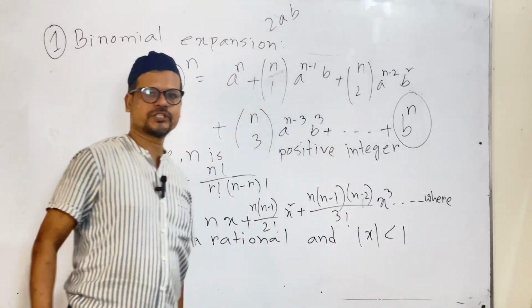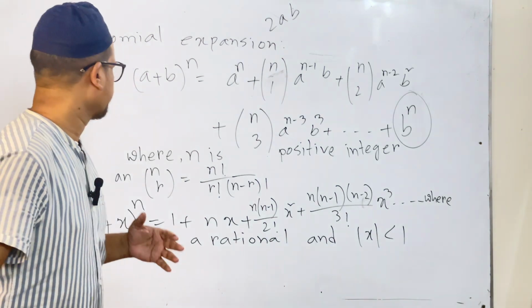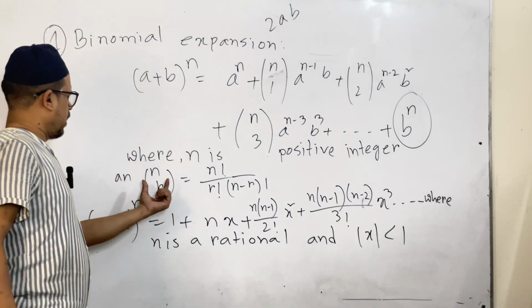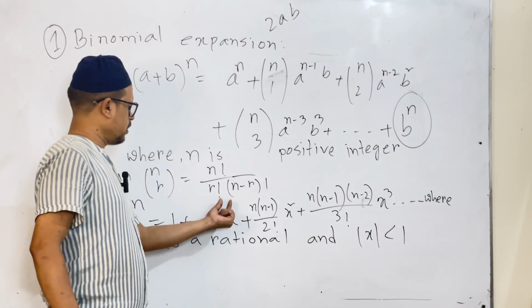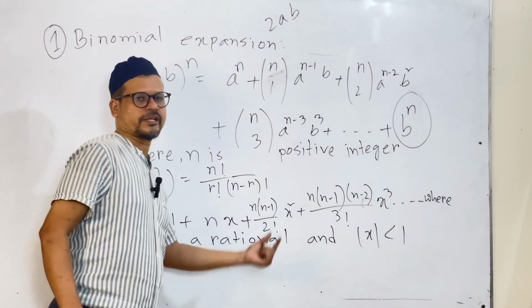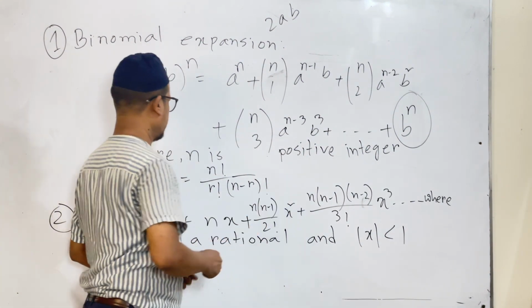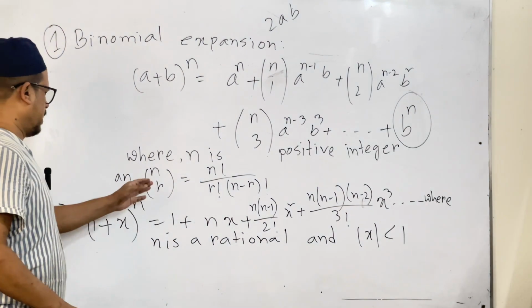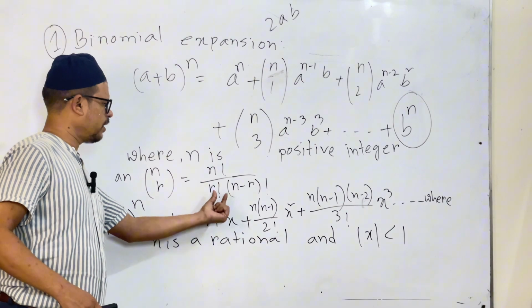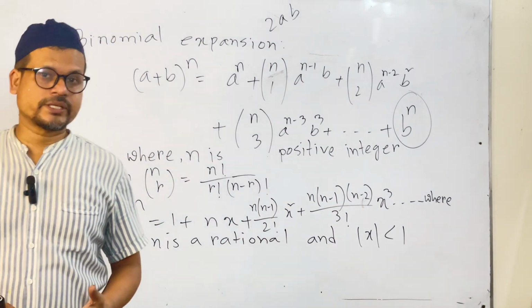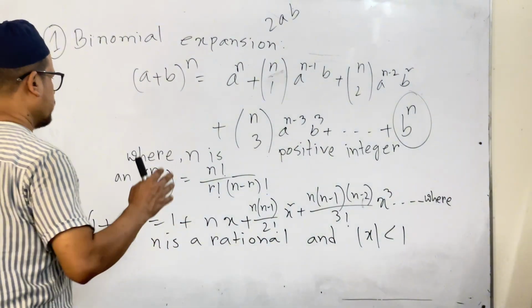And n choose r equals n factorial over r factorial times n minus r factorial. This is actually the formula.